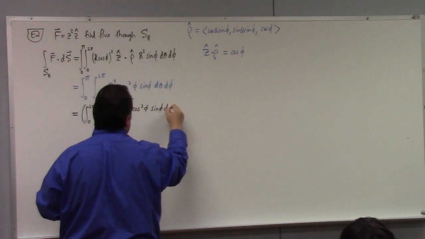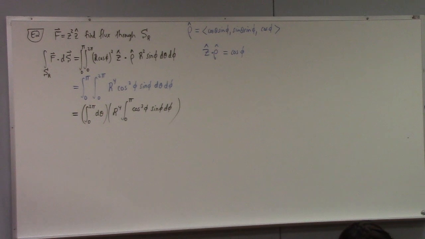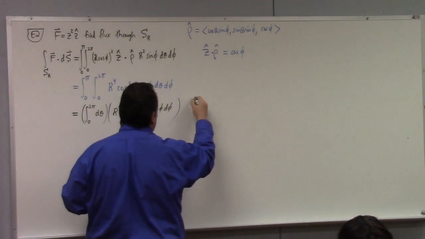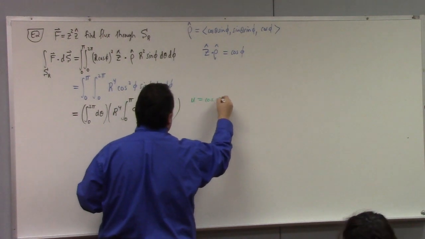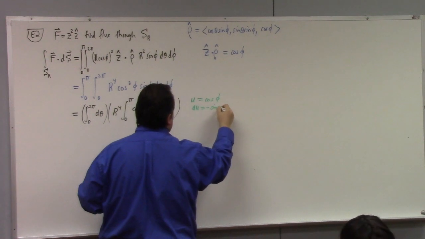So what would you guys suggest I do? How would I do that integral? Do a u substitution, right? u equals cosine phi. Then du is minus sine phi d phi.